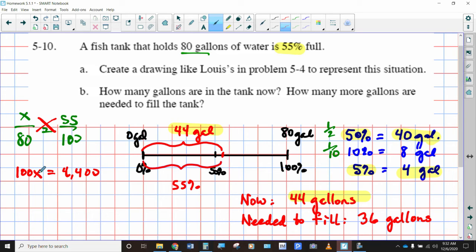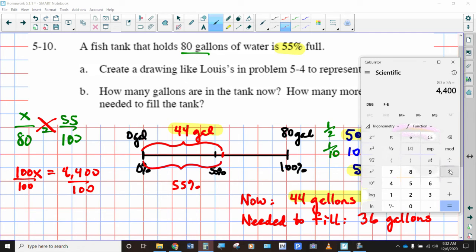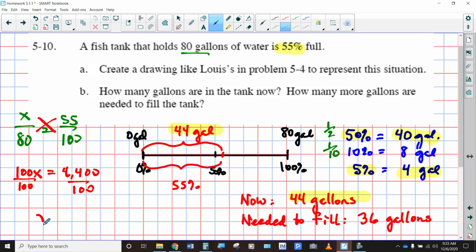So now when you divide this by 100, that's where you're going to get your value for x. And 4,400 divided by 100, I know what the answer is, but I'll just show it on the calculator anyway, is 44. So x equals 44, so that would be the number of gallons. That represents 55%.